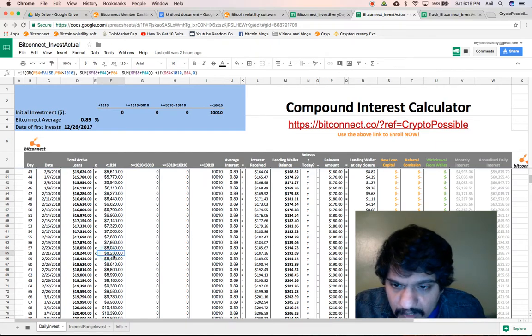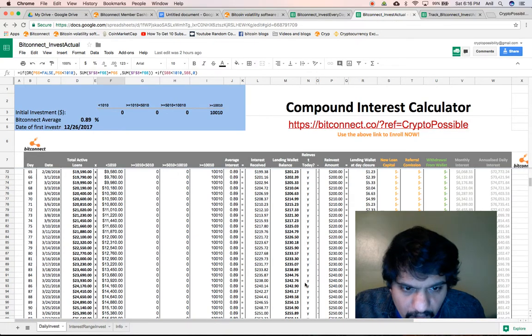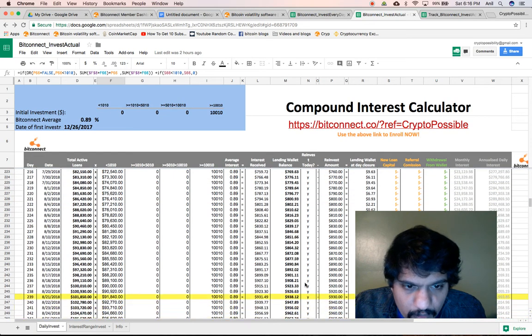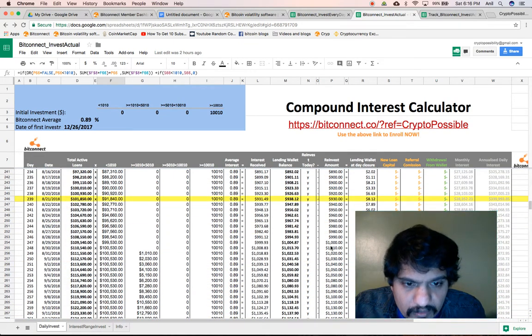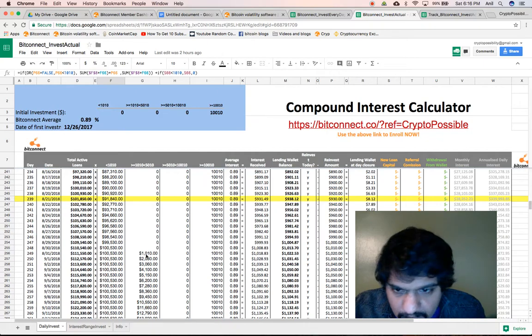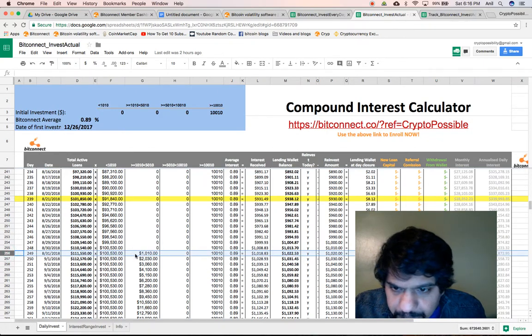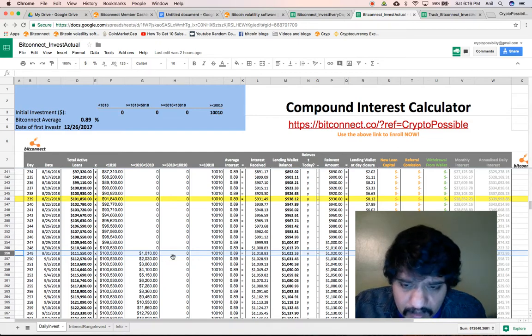See, this value is becoming bigger and bigger. You would only get paid interest on this at the base volatility interest, and no guaranteed interest, no 0.10, 0.20, 0.25. You will not get that. Now there will come a point when you're accruing so much interest that it will be more than 1,000, which is at day 249 in this case, and at that point that 1010 is added to the second bucket.